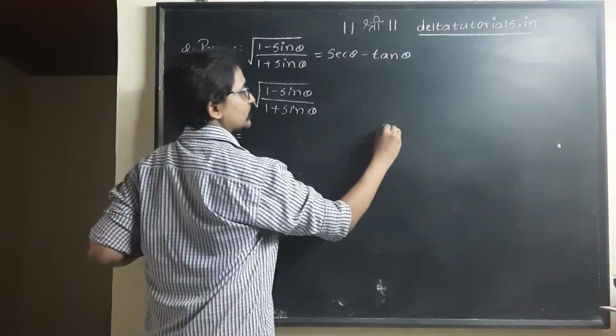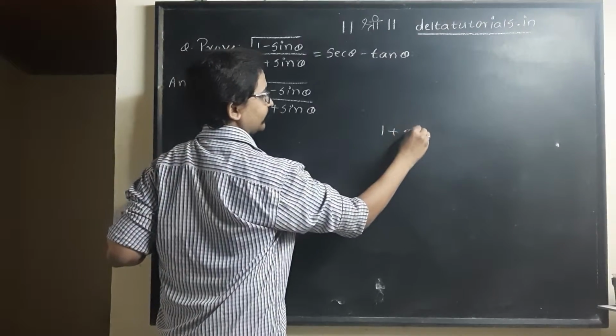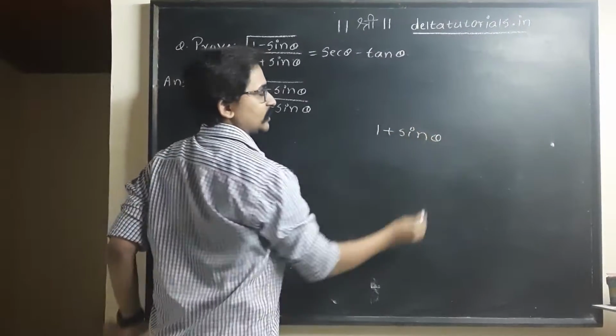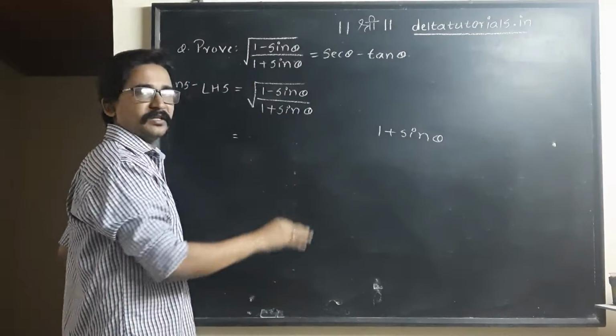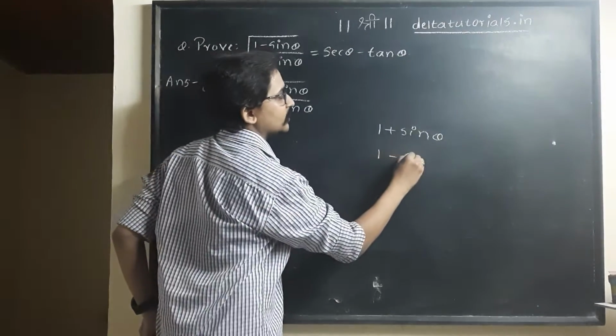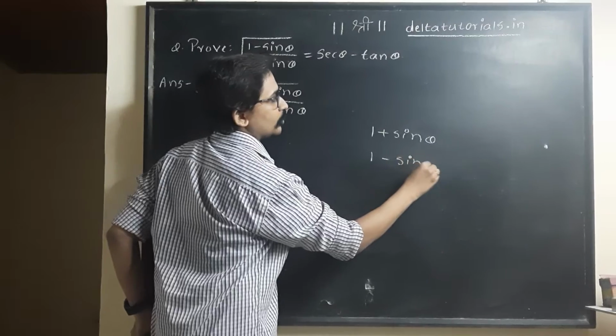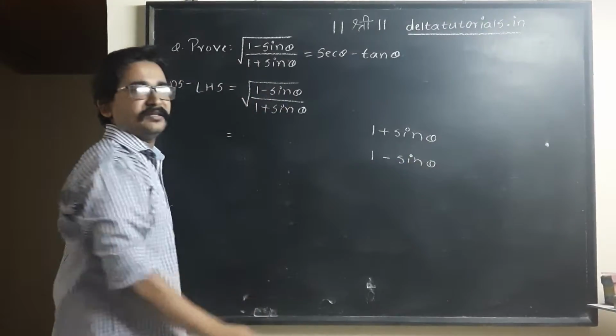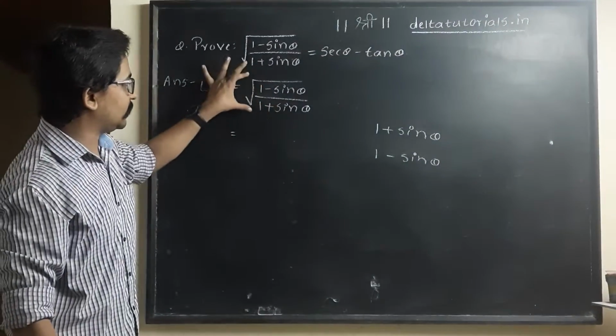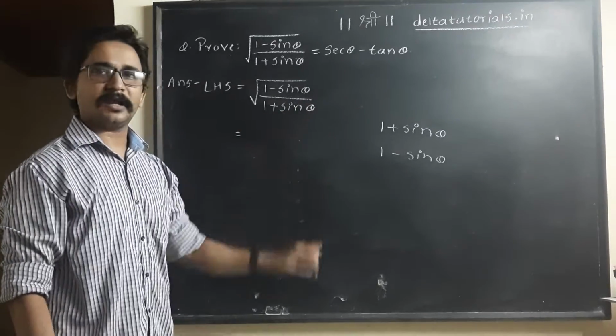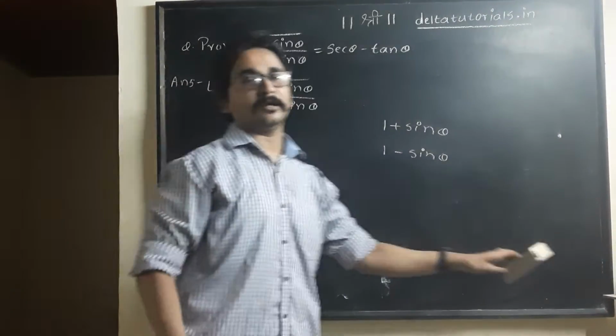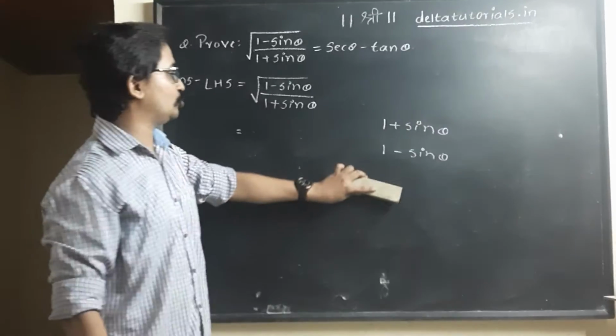Here the denominator is 1 plus sine theta. So its conjugate will be just with reverse sign, 1 minus sine theta. So by this 1 minus sine theta we are going to multiply this term in the numerator as well as in the denominator. This is the meaning of conjugate.